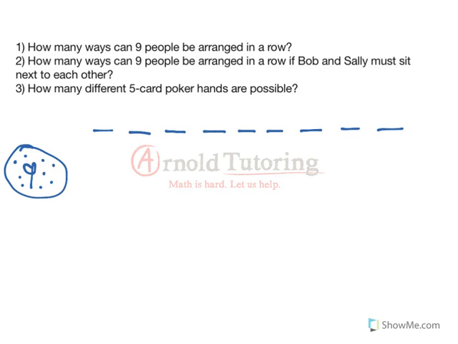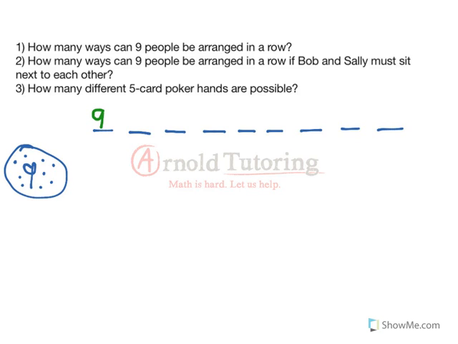We've got to fill this first spot first, or we can fill any spot. There are no restrictions here, so let's start with the far left spot. How many ways can I do that? I can do that 9 different ways because there's 9 people I can choose from. Now I've chosen one of those people.